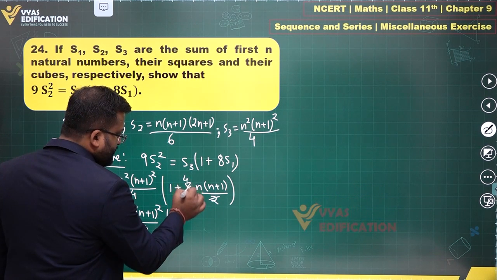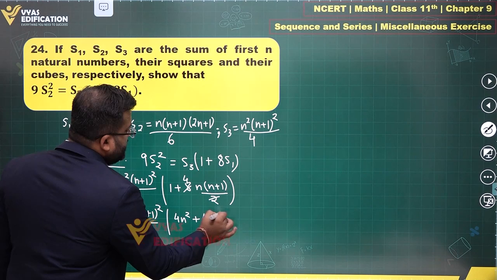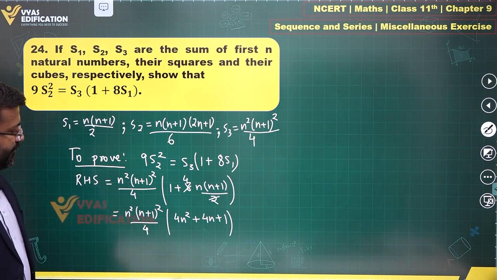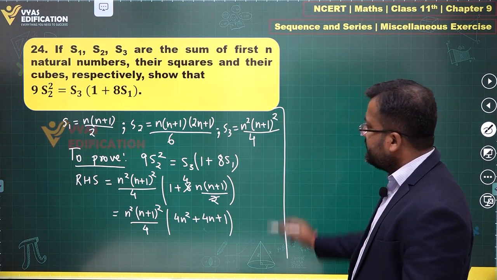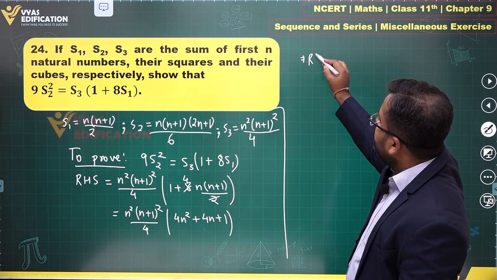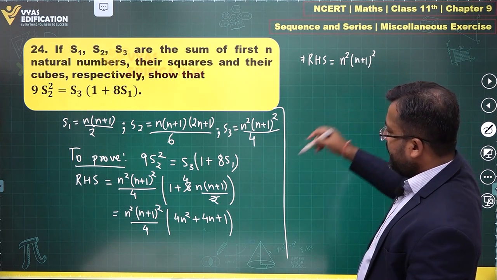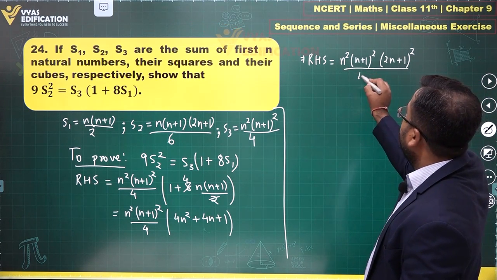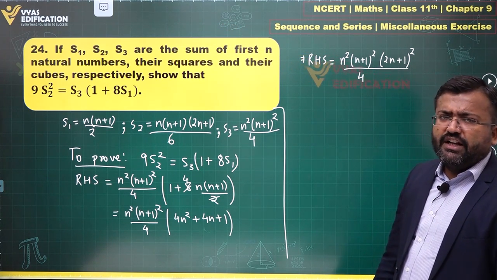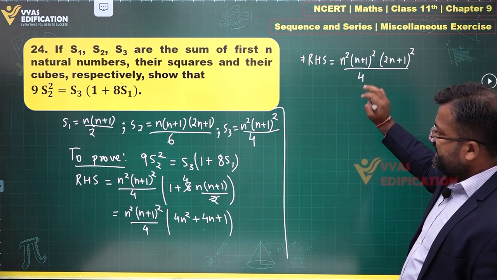This goes 4 times. So this is 4n square plus 4n plus 1. Is that okay? Yes. This 4n square plus 4n plus 1, which is a perfect square in itself. Yes. So this tells me RHS will be equal to n square, n plus 1 square, and this here is nothing but 2n plus 1 whole square upon 4 is already there. For converting this into S2, I need square of 6, actually 36.